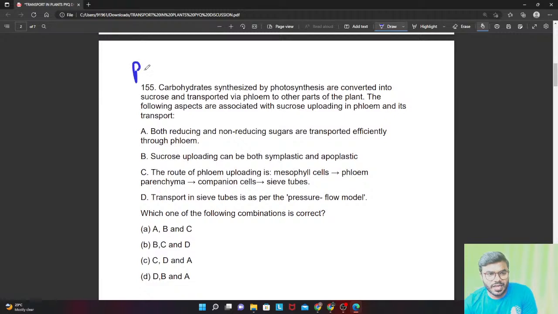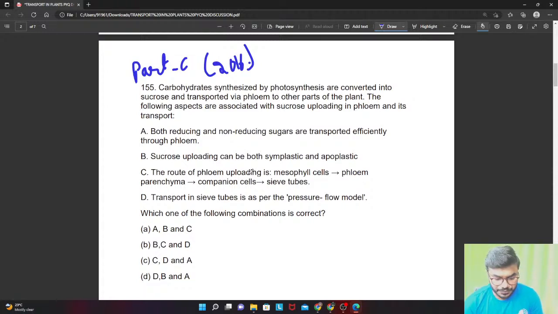Once again, the part C question. This is 2016. Very simple and very straightforward question, but I want you to think correctly and give me the answer.